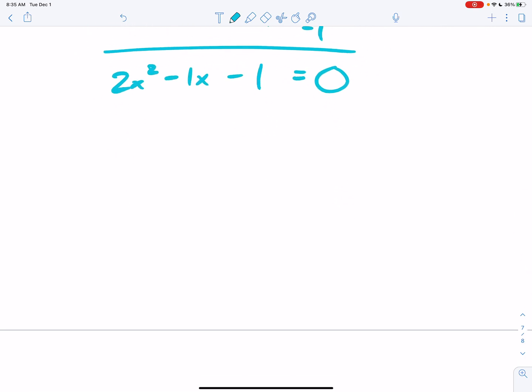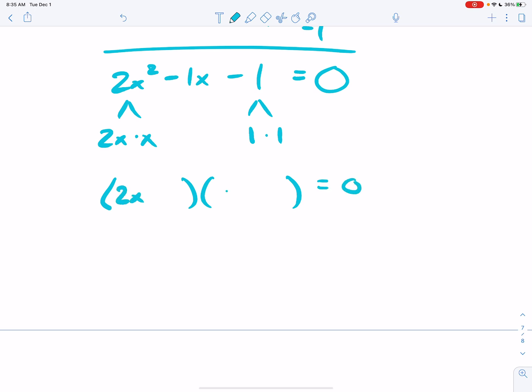All right, so now that I have a 0, I need a product, so I need to factor this. That's 2x times x, and this one is 1 times 1. Again, not a lot of combinations, so that makes our factoring a lot easier. Put in your first factors. Since it's 1 times 1, it really doesn't matter where you put it.